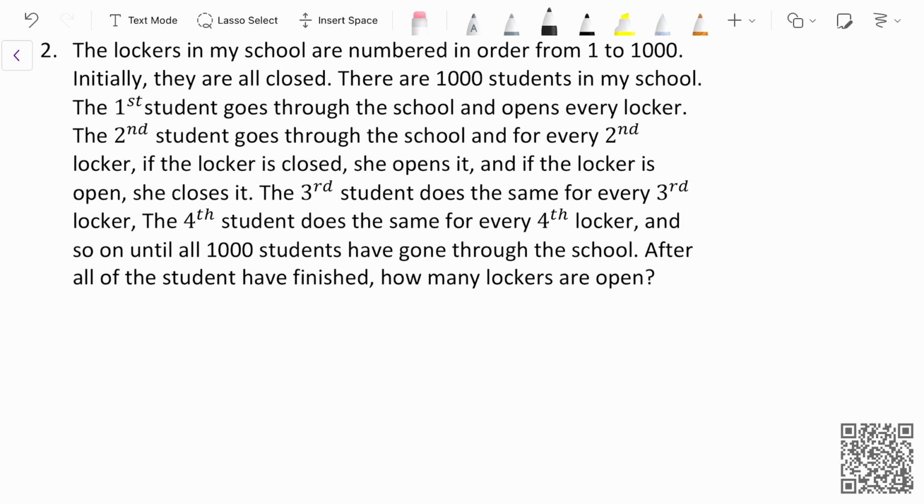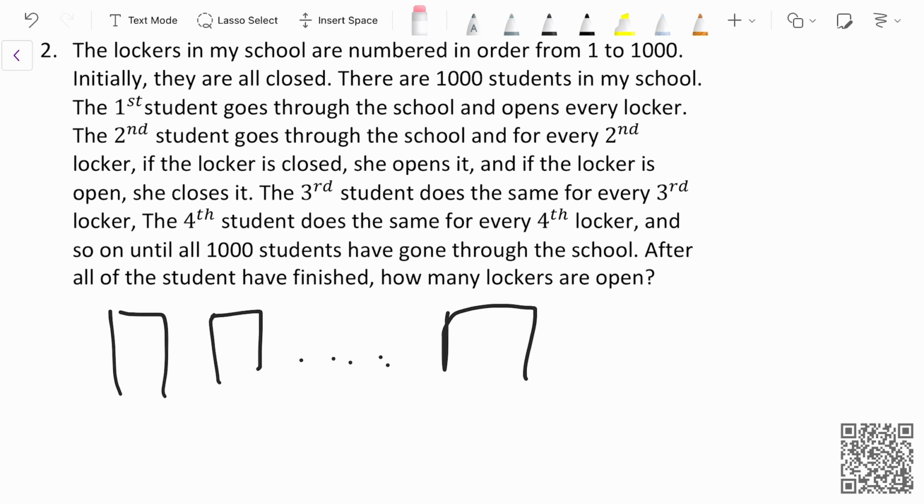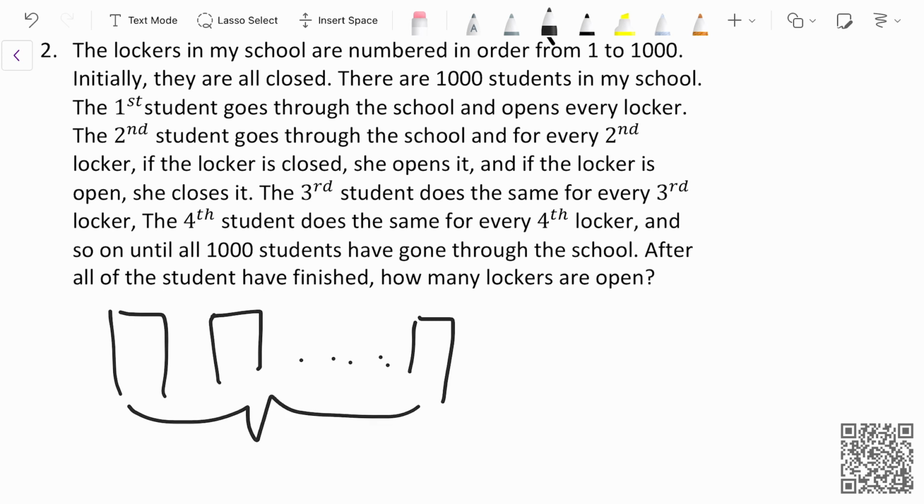This problem is more of a twist on your mathematical formulas. For the visual learners here, say that there are 1,000 lockers, these box things.